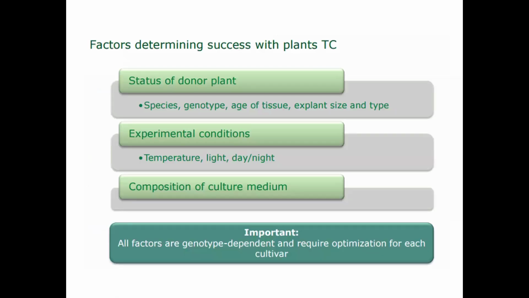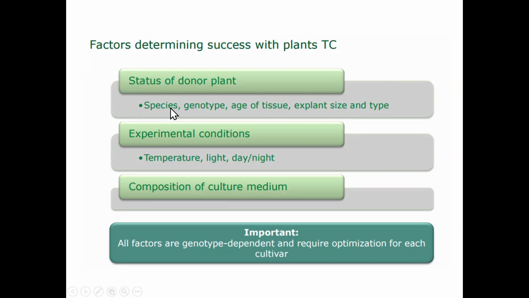So, factors determining the success of tissue culture. Tissue culture is a bit delicate, but once you are familiar and become an expert, it is a routine job. Species is very important: which plant you are going to do tissue culture on. Some plants are recalcitrant, not easy to culture, so you need huge trials to optimize the conditions.